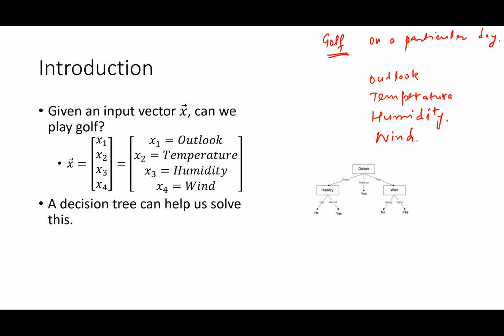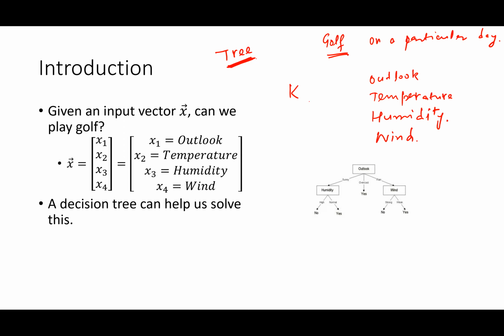So in decision trees, we come up with some kind of tree, and we traverse that tree until we reach the leaf nodes. At the leaf nodes we have the decision, because each leaf node will belong to a particular class.